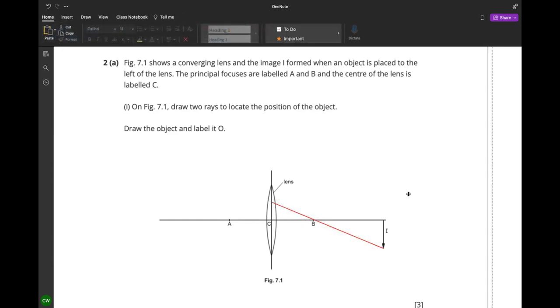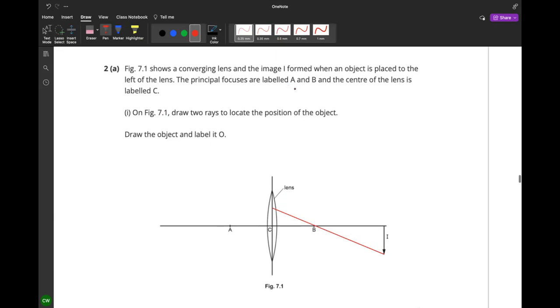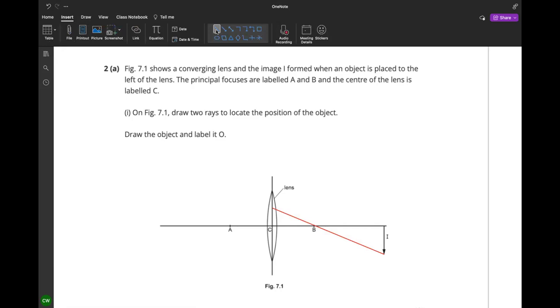Go backward. Okay, A and B is a focal point. And then you need to draw a parallel line.